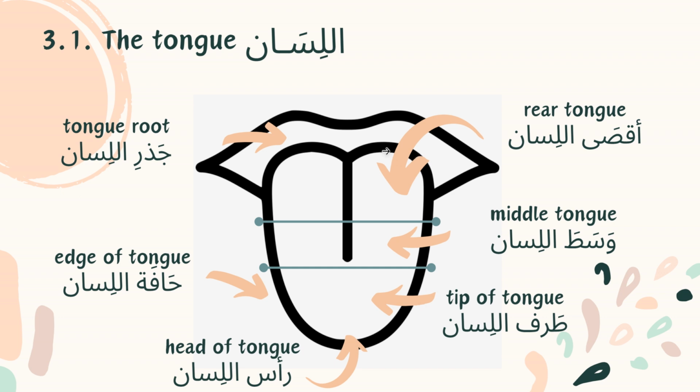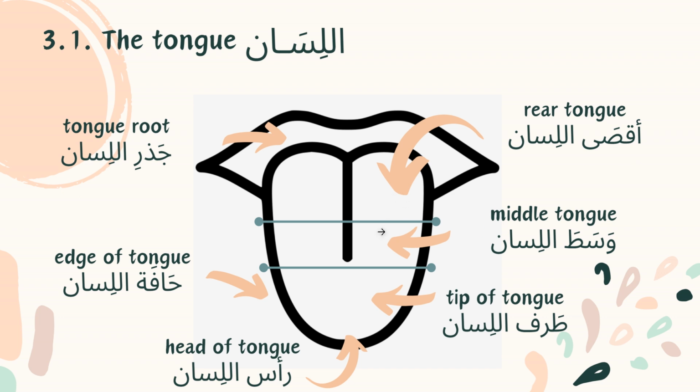And this is where the tongue is tied up. Okay, so here, this is called the tongue root. Deep inside the throat, deep inside the mouth, the tongue is tied up. And it's called the tongue root. Jadri lisan.